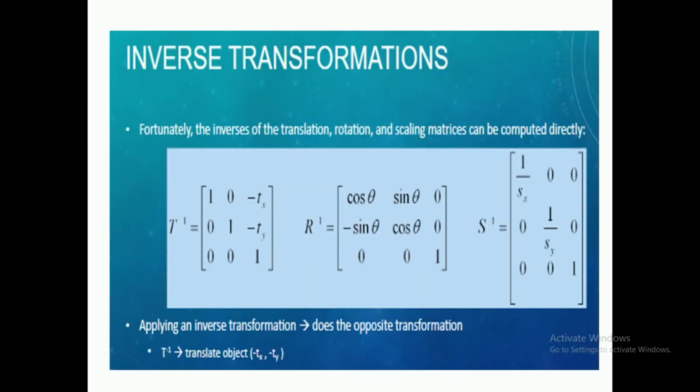Before this, whatever concept was there, I have covered, as I told, during the lab explanation of experiment number 2. Before going to inverse transformation, I will just recall the transformations available in 2D that I covered in that lab session. There is translation, rotation and scaling.